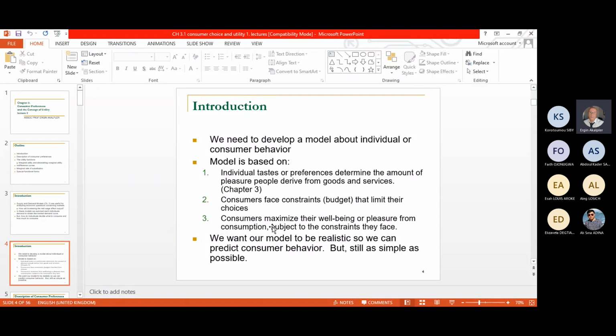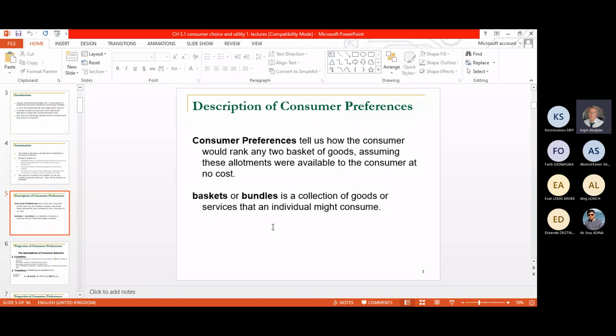Let's go to consumer behavior and check how these preferences are realized. Consumer preferences tell us how the consumer will rank any two baskets of goods, because we are creating a scenario here and simplifying it to make it clearer. You will understand better with these two-dimensional graphs, because if it is three-dimensional or more, it will be more complicated.